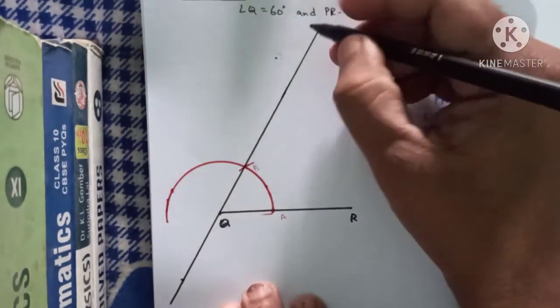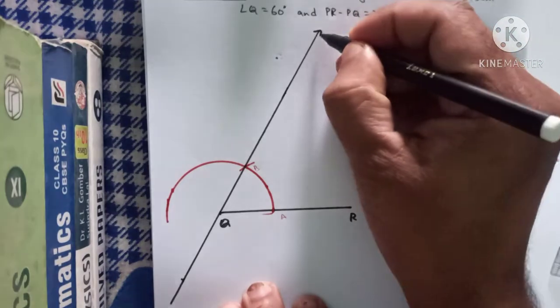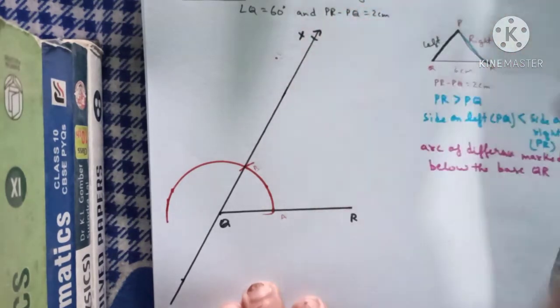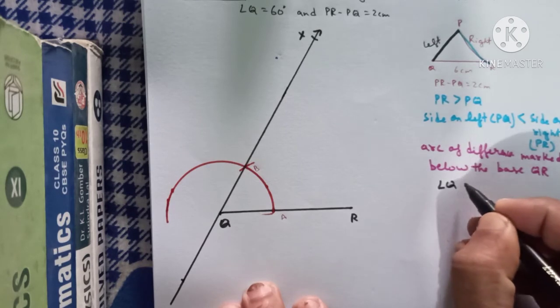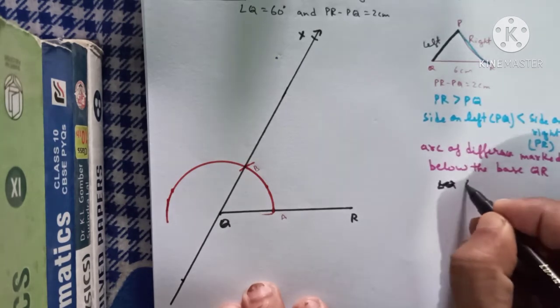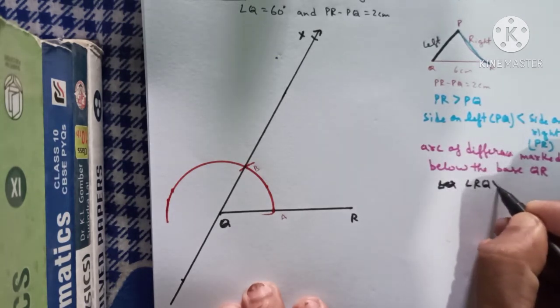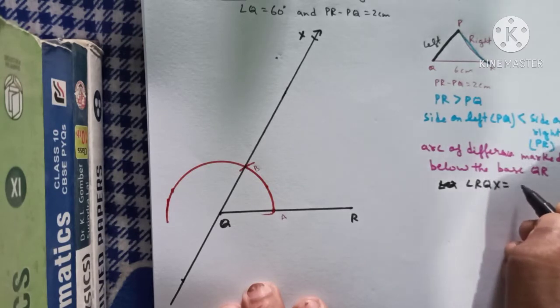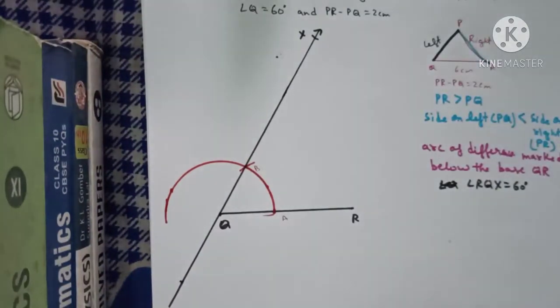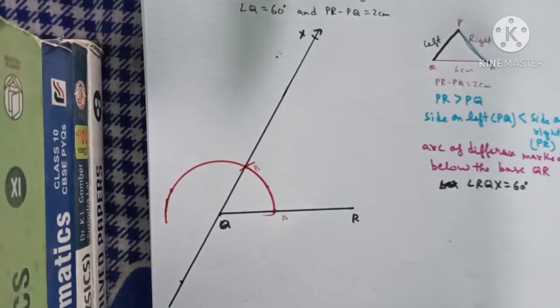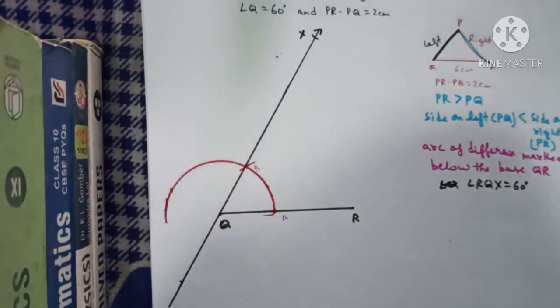Okay, fine, and I am naming it as X, such that angle RQX equals 60 degree. This is what we have to take. We have taken the base QR 6 centimeter, and we have to make angle Q equal to 60 degree, that is angle RQX we have taken 60 degree.